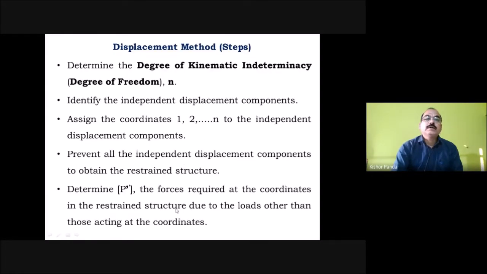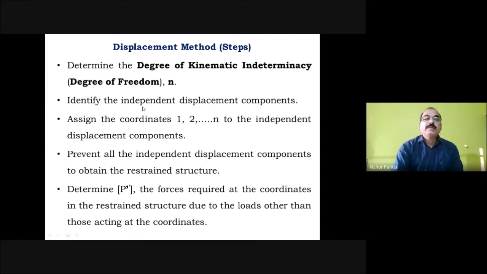So these are the steps you have to remember for the analysis of any continuous beam or frame using this method. The first step is to find out the degree of kinematic indeterminacy or degree of freedom.